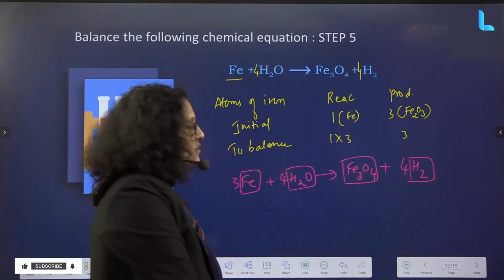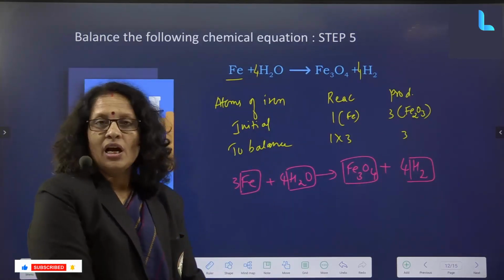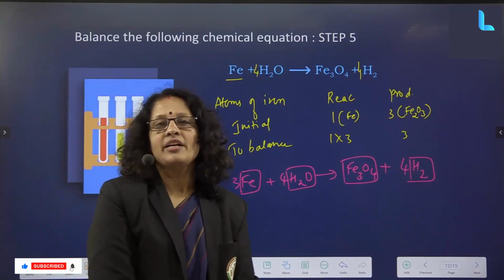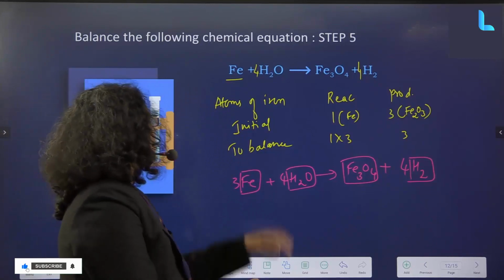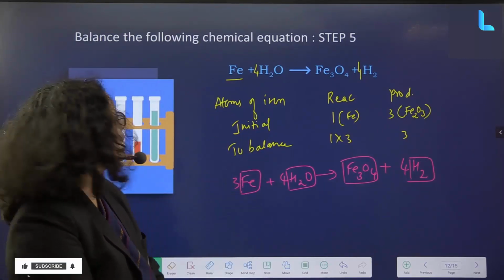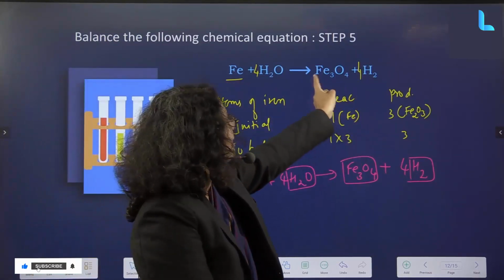Now what is the next step? Step 5, we have balanced hydrogen and we have balanced oxygen. Again we have to go back every time after balancing any one atom, and if there is a disbalance we have to try to rectify it, okay. So now iron is remaining. Initially how many iron atoms are there on the left hand side? 1. How many on the product side?